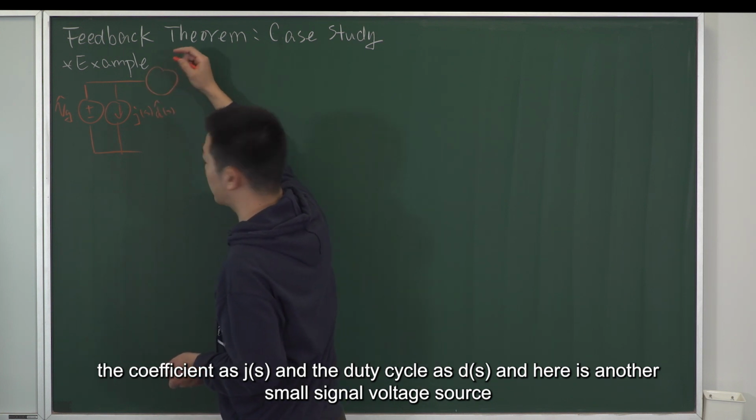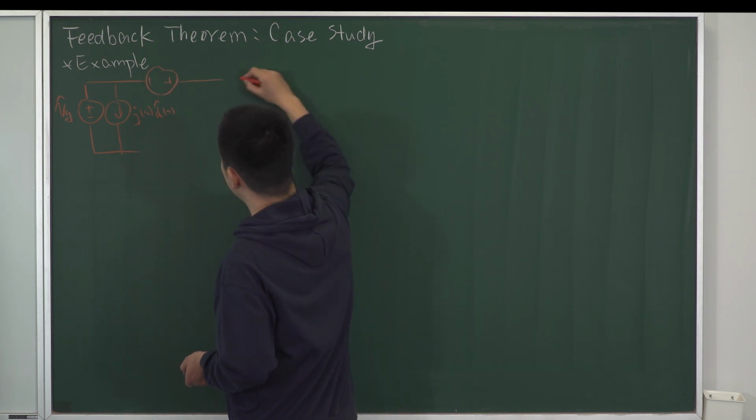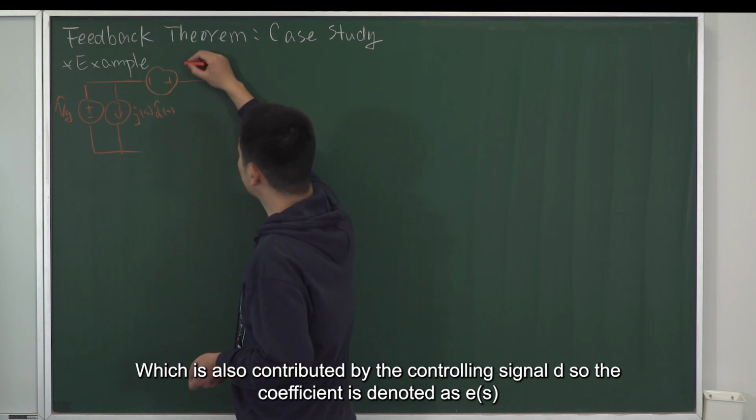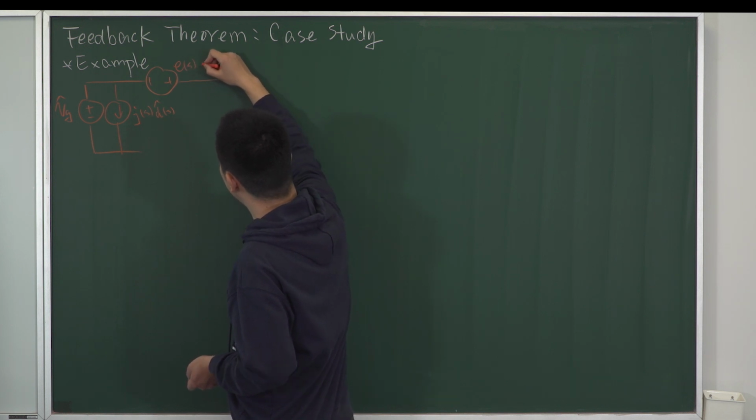And here's another small signal voltage source, which is also contributed by the controlling signal d. So the coefficient is denoted as Es.